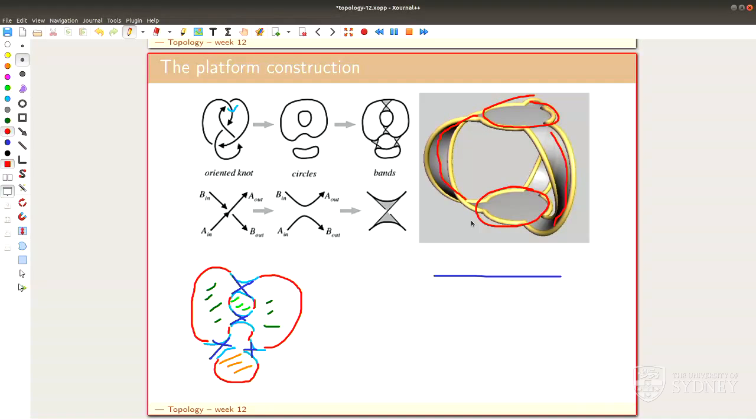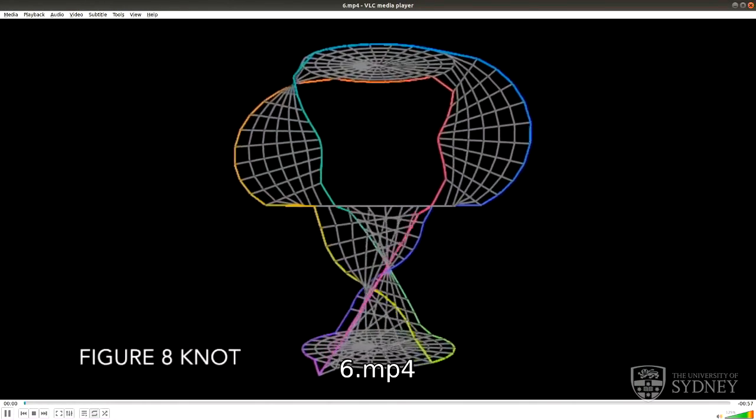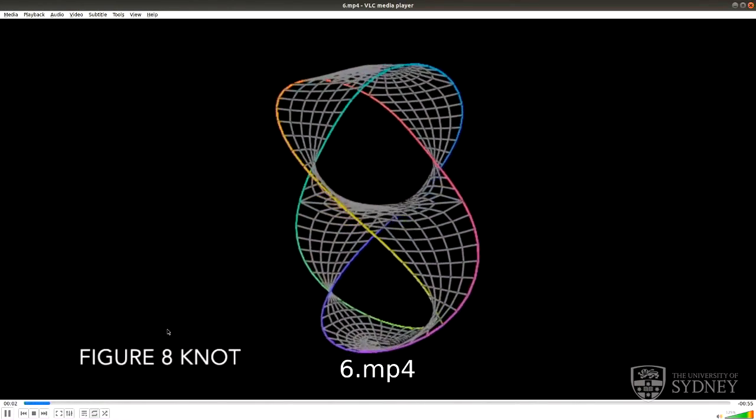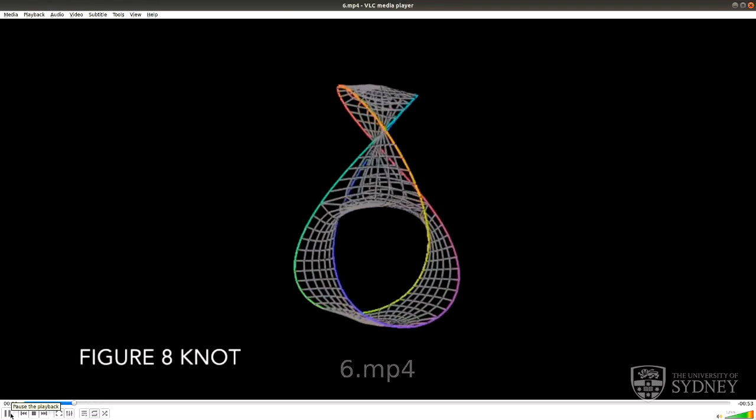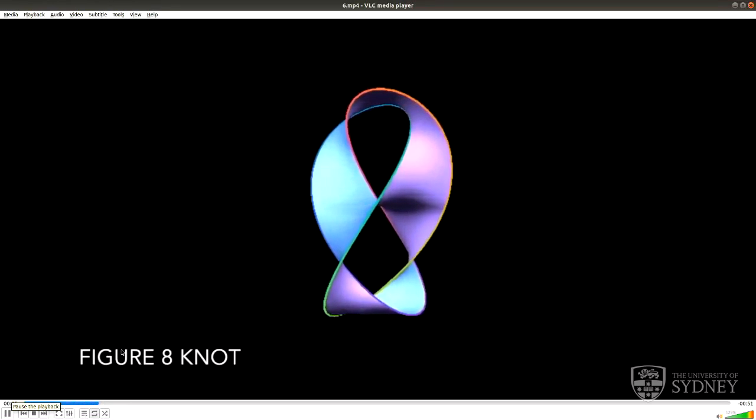It's a very simple algorithm, so you just need to do it twice yourself. You just take the knots, you get rid of the crossings, you end up with circles, and you glue in those little disk type objects. Okay, let's have a look again at this one, which is a figure 8. So it ends up being this picture.